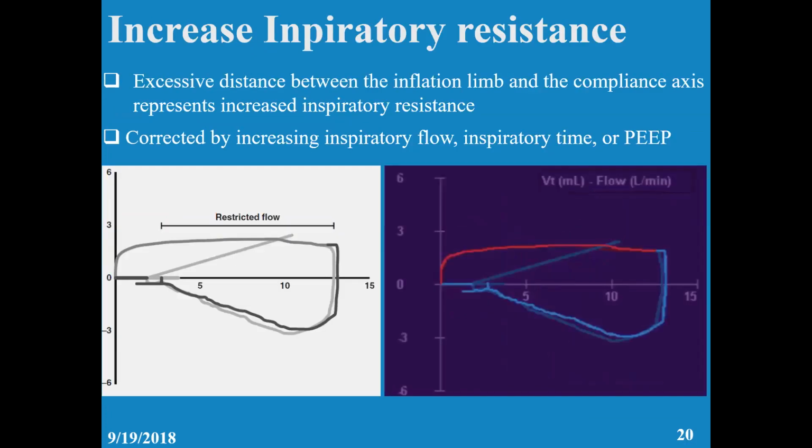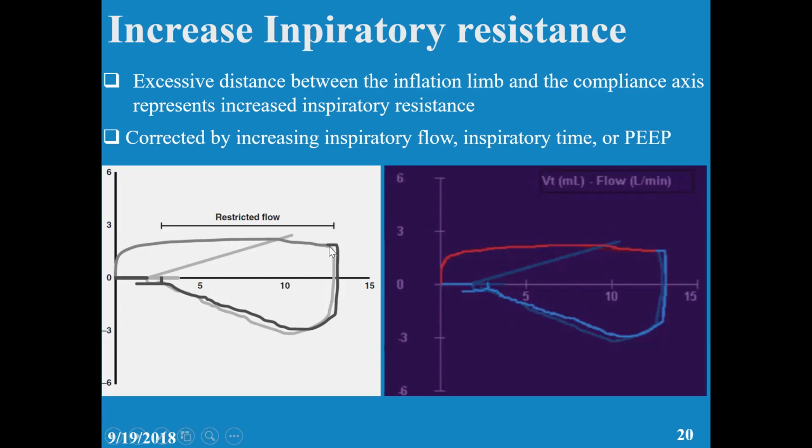Okay, increased inspiratory resistance. So we can see here, moving in, moving in, moving in, more pressure, but we're getting nothing because this is flow and this is pressure. Flow, flow, flow, but we are not able to increase the flow.